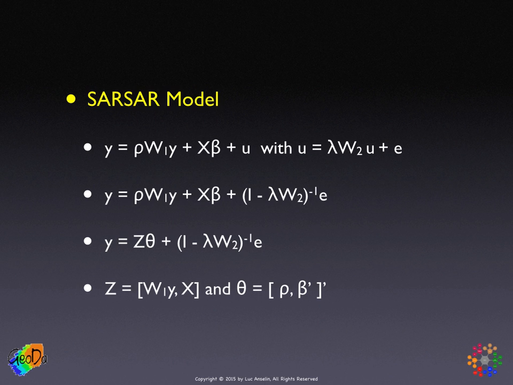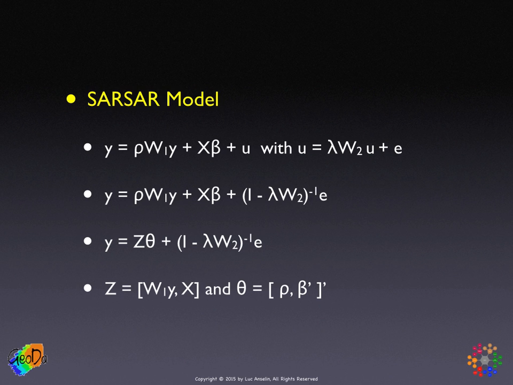So after substitution of the error term by its reduced form in the idiosyncratic error epsilon, we get the expression on the second line with rho W1y, the spatially lag-dependent variable, then x beta, and then an error term that has an inverse matrix in front of it.